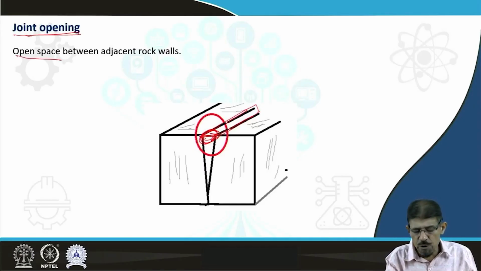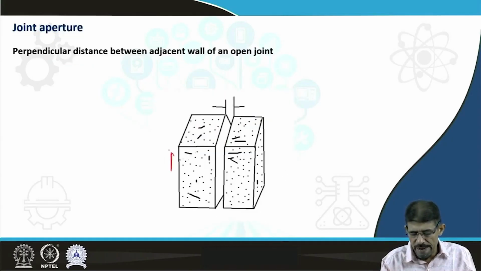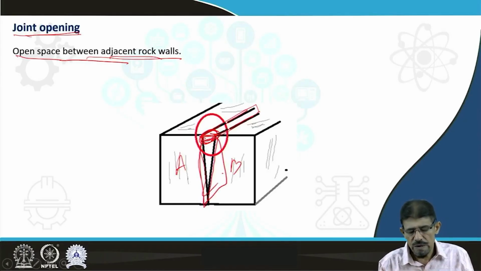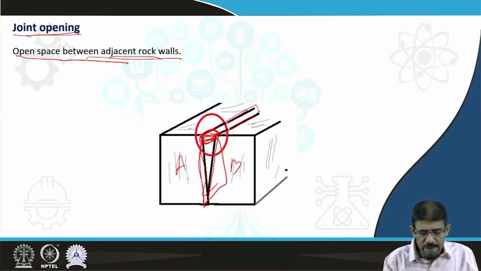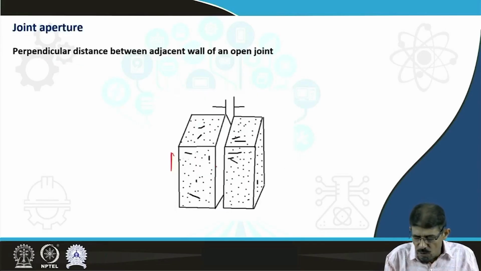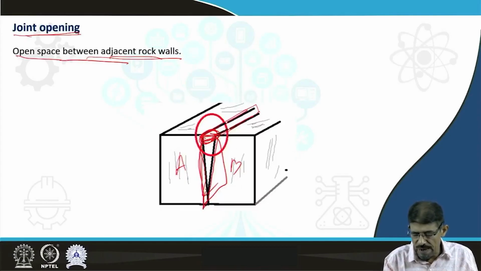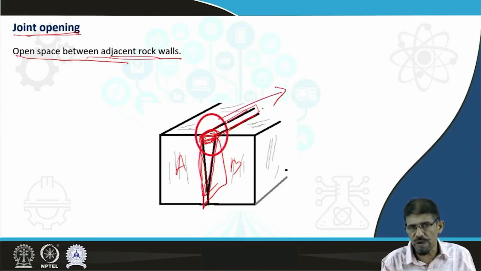It is the open space between adjacent rock blocks, block A and block B. Here we are not going to see these downward features. If the joint is like this and we are getting an open space here, it is a joint opening.